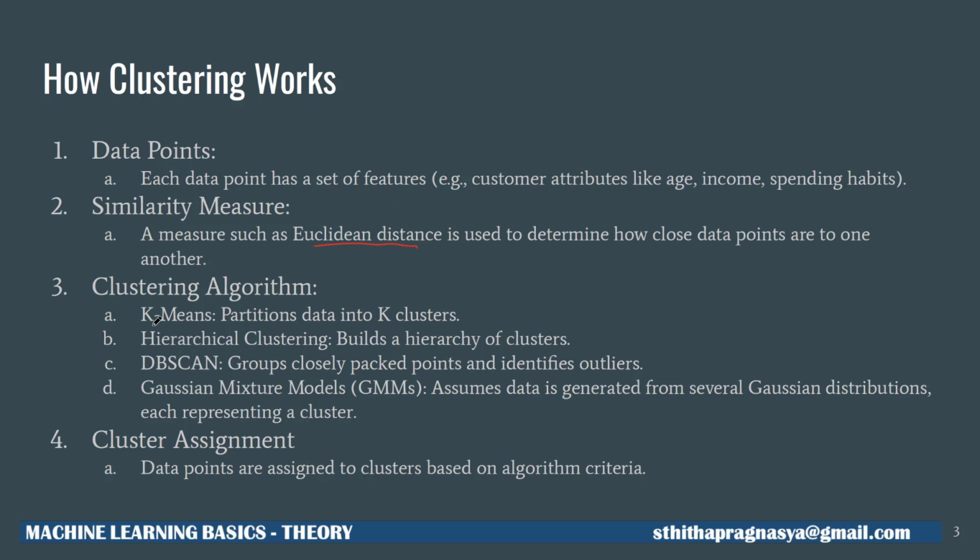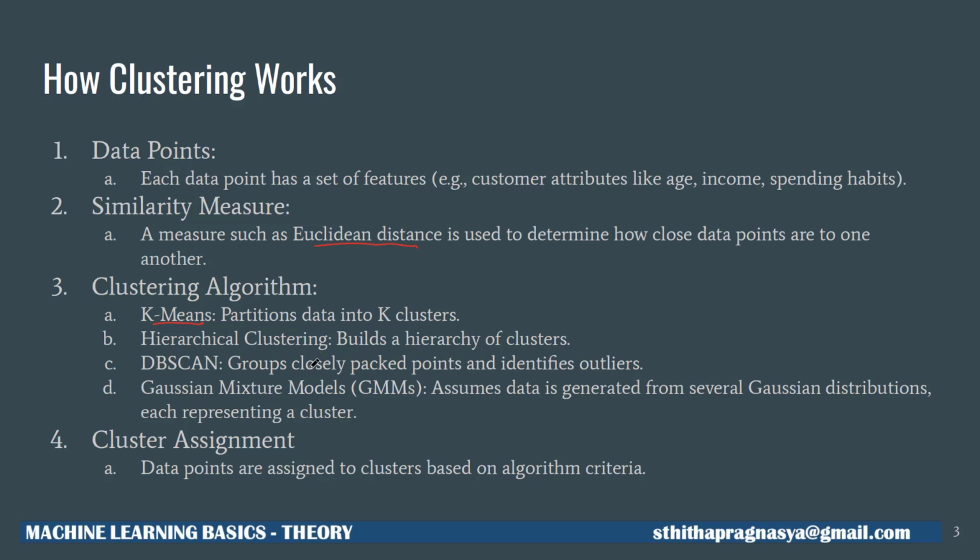And that's why you are seeing K means here. It partitions the data into K clusters where each data point belongs to the cluster with the nearest mean. And hierarchical clustering builds a hierarchy of clusters by either merging smaller clusters into larger ones, which is called agglomerative, or splitting larger clusters into smaller ones, which is called divisive.